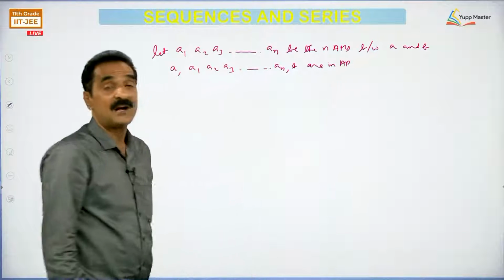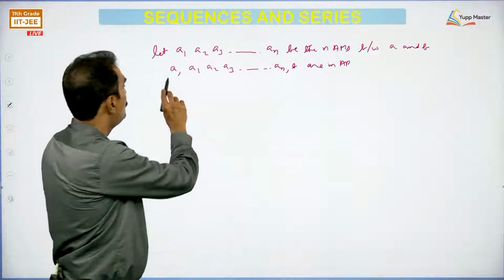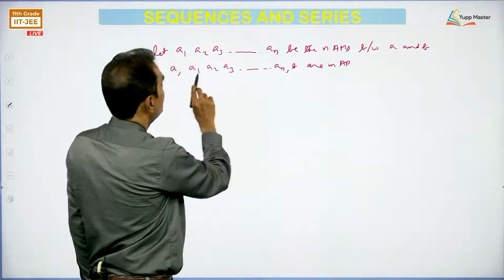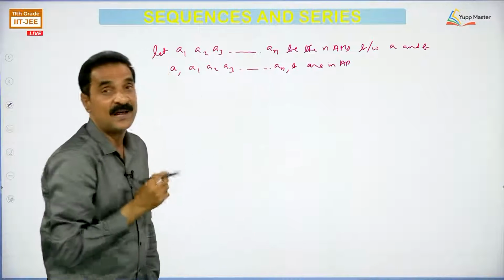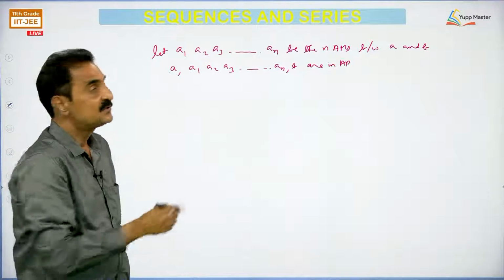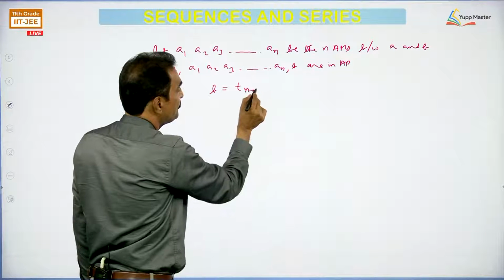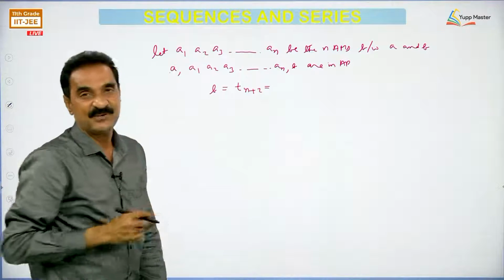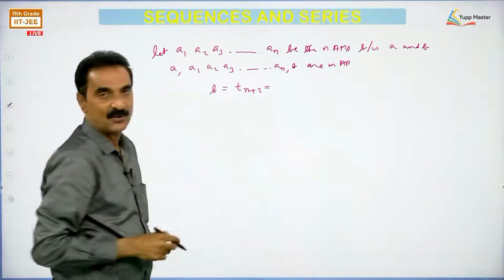Now we have to find the common difference of this AP. What is the total number of terms? These are n arithmetic means, n terms plus one term, so totally n plus 2 terms are there. So B is T(n plus 2). What is T(n plus 2)? You know that Tn is A plus (n minus 1) into D. First term is A only.